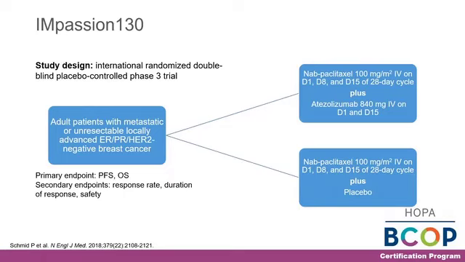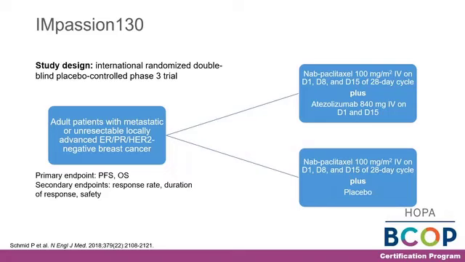Lastly, we have the IMpassion130 trial, which introduced an FDA-approved drug for breast cancer that was immunotherapy. And so this was an international, randomized, double-blind, placebo-controlled phase 3 trial that included adult patients with metastatic or unresectable locally advanced triple-negative breast cancer.